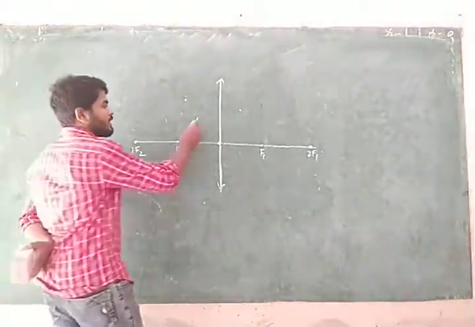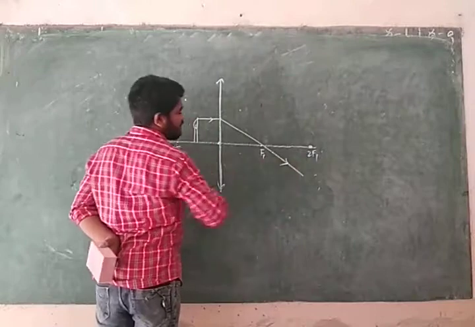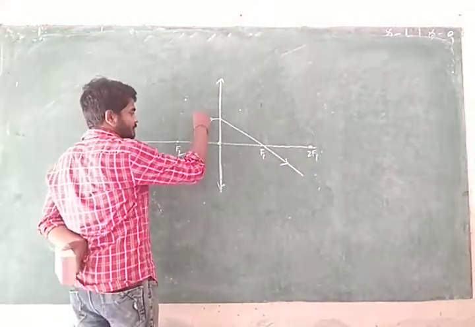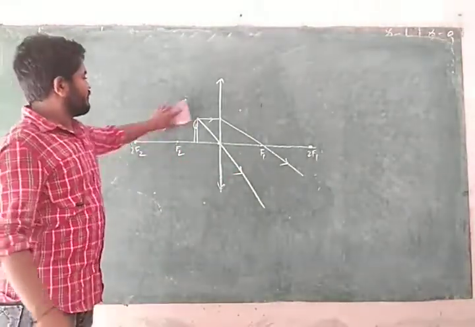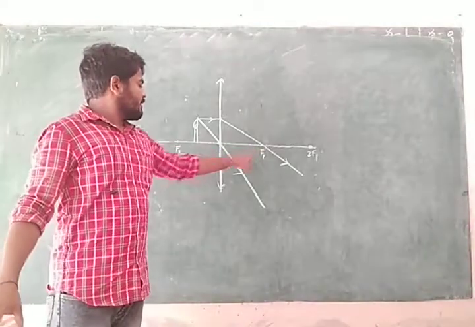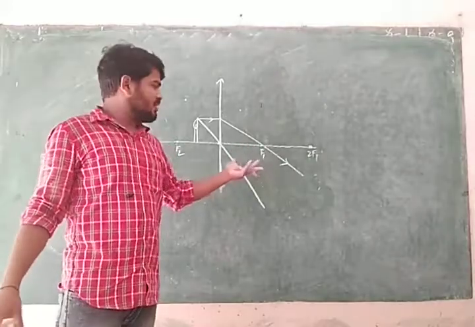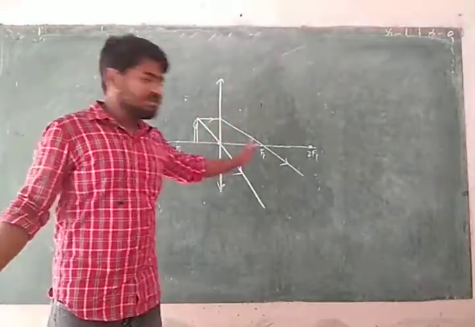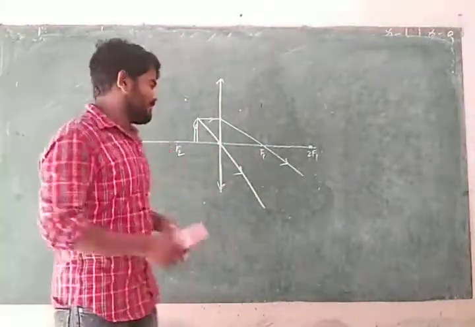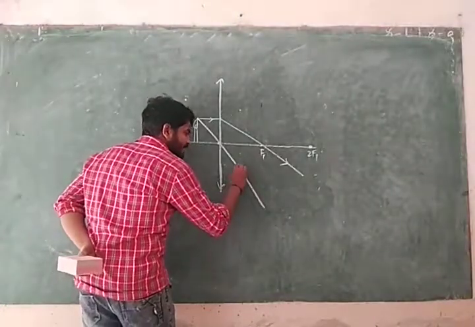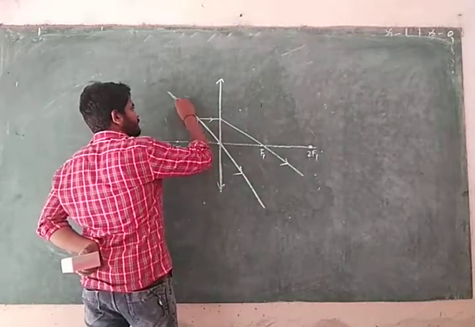Now let us see a parallel beam of light. It passes through this, and the second one. Right? Now, are they meeting anywhere? If you extend forward, will they meet anywhere? No, they don't meet anywhere. So you cannot expect an image on this side. If you extend this refracted ray backward, it is moving like this.